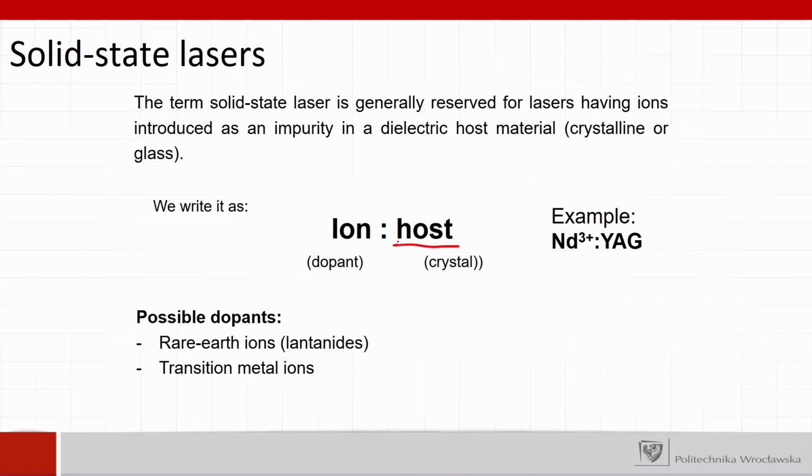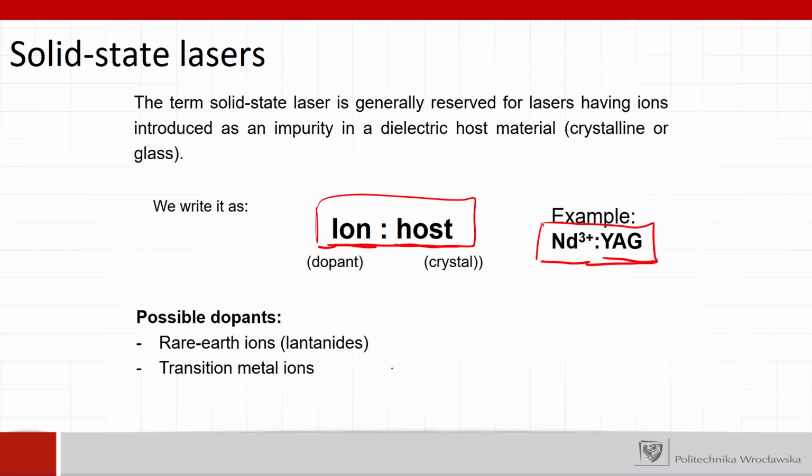So we have a host, and it is doped with some ions of some elements. An example is a YAG crystal, yttrium aluminum garnet, doped with neodymium ions. This is the way we write the names of these lasers.